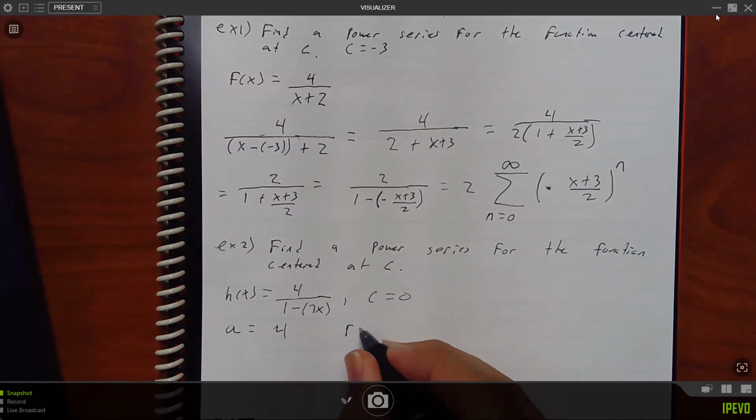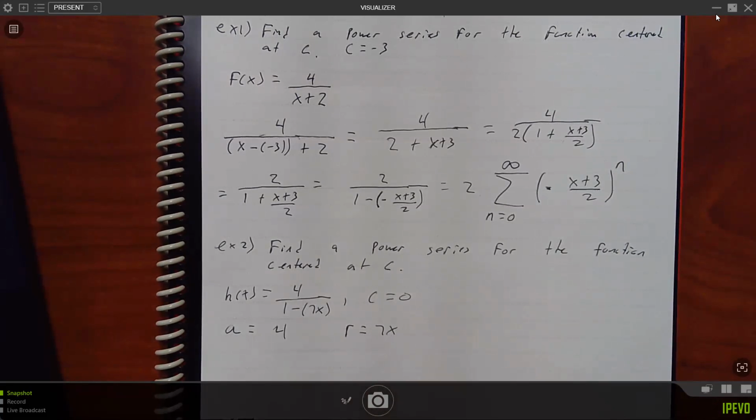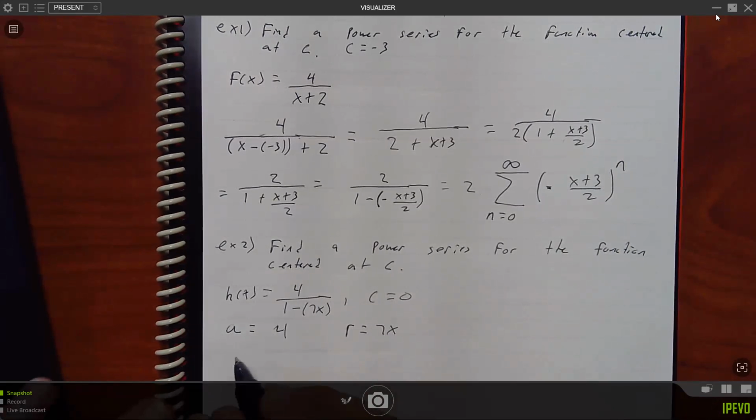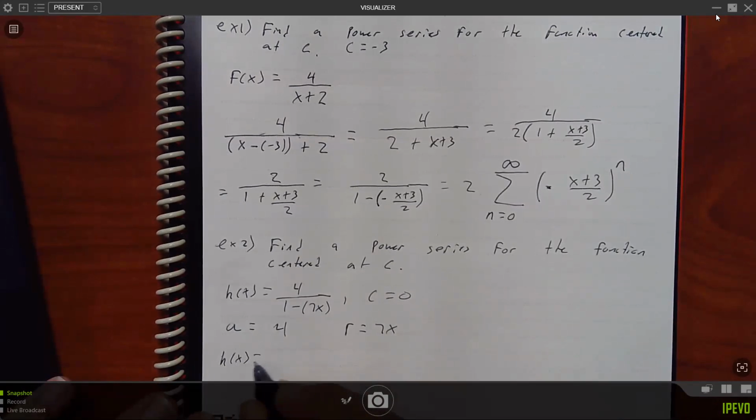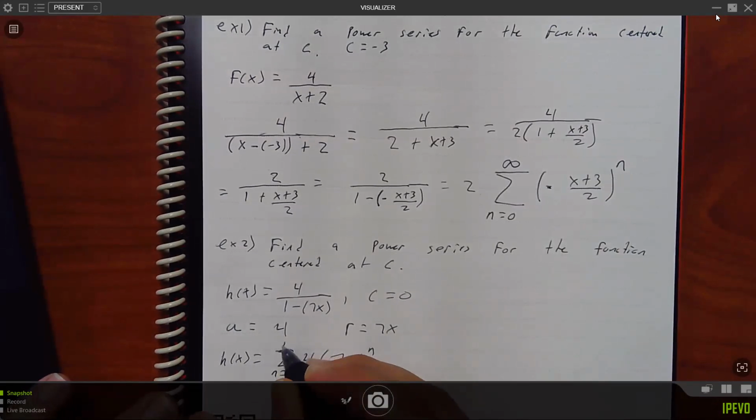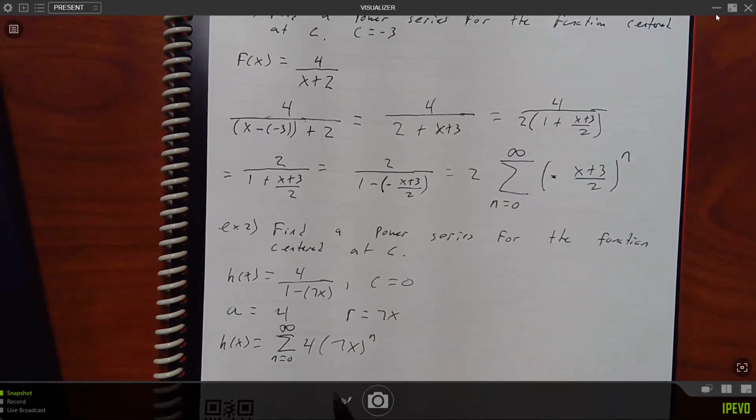And r is 7x. So h of x should simply be the sum of 4 times 7x to the n. When it's already in that form, centered at 0, it's a lot easier. You don't have to do that x minus.